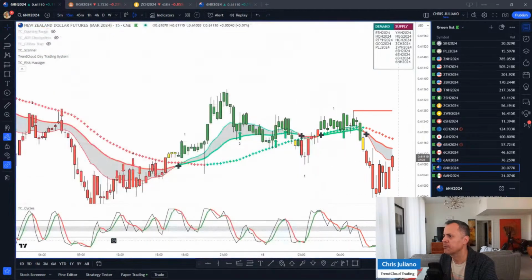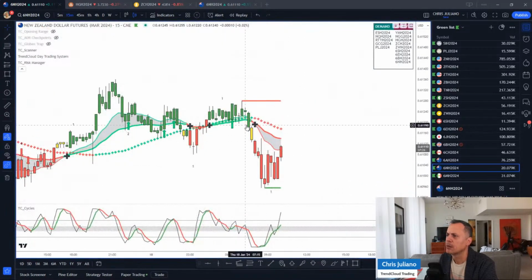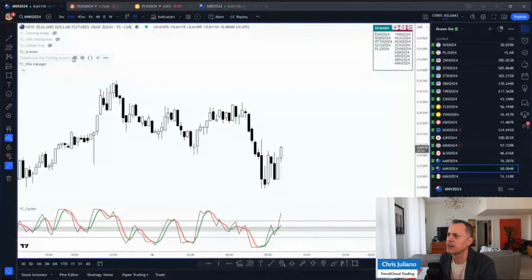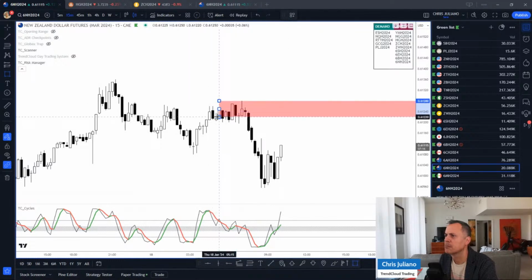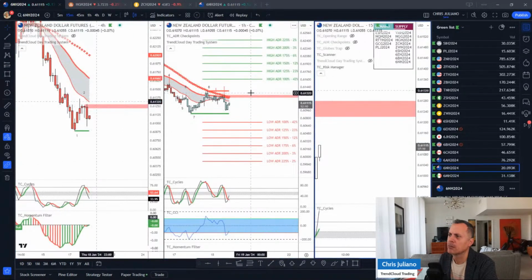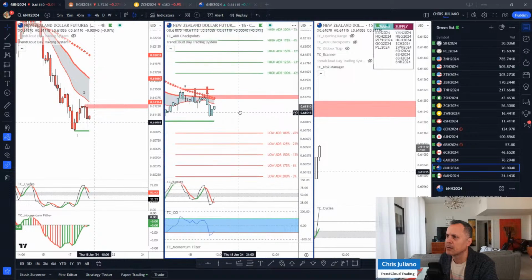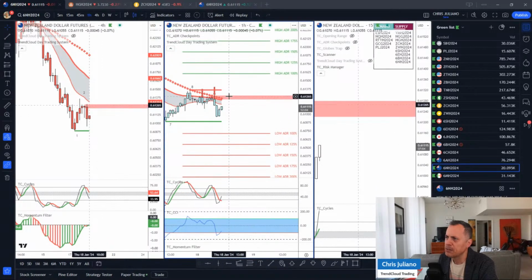15-minute chart. Let's open this up. Rally-based drop, right? Yeah, right here. Rally-based drop right at that consolidation point. That's right on the line, right? That would be above, right?